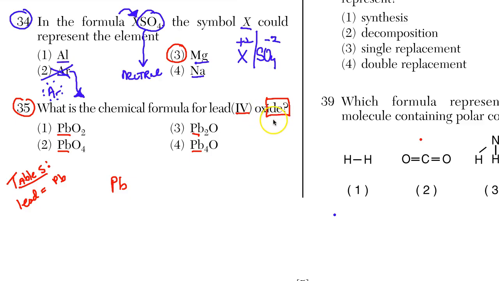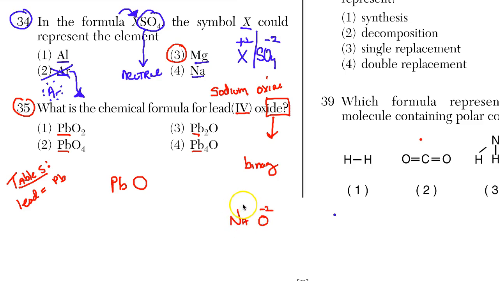Now, oxide is screaming that this naming system is binary. That means there's just 2 different elements, and ox is oxygen. The question is, what is the chemical formula? And why are they saying lead 4 oxide? Because if you said to me, hey, sodium oxide, you would know, okay, it's oxygen because it's binary, and sodium, and we know oxygen is -2.